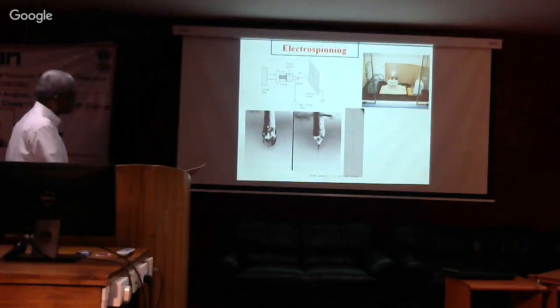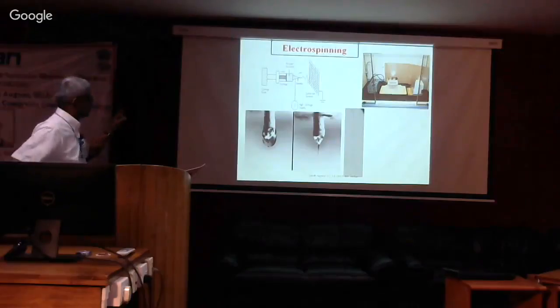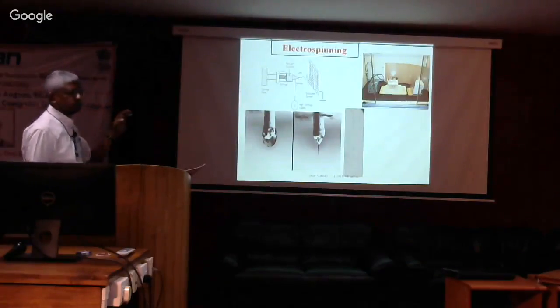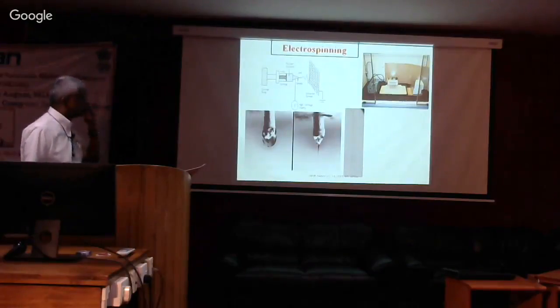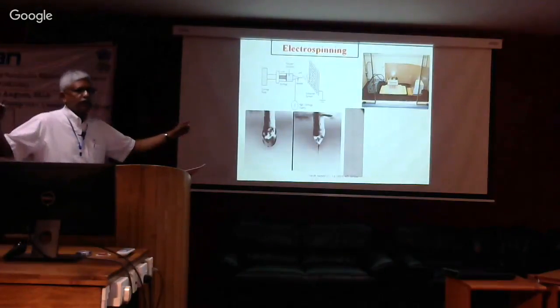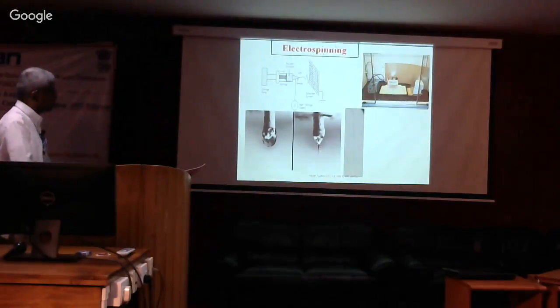As you push this solution, it tries to come out. And of course, we know from high school physics that the shape it will take is that of a sphere. But now keep in mind that we have this very high electric gradient, so the sphere is now stretched.